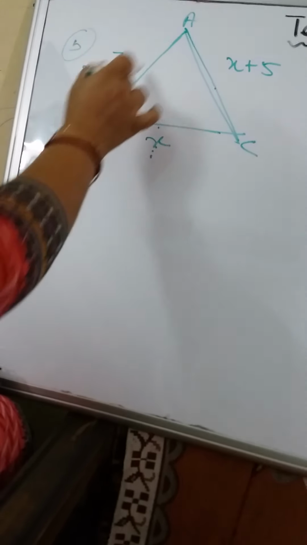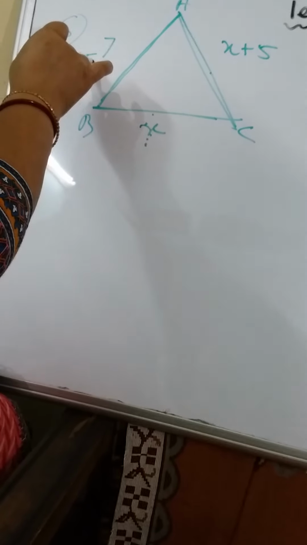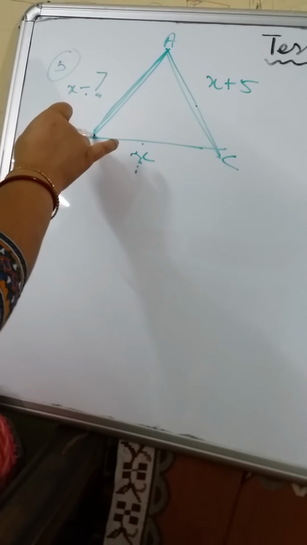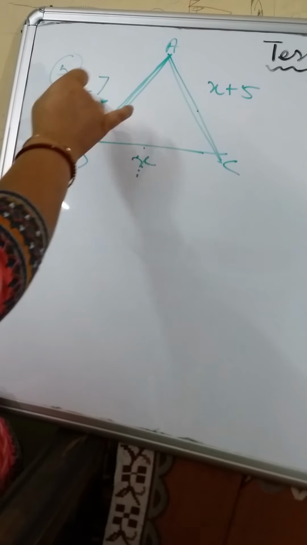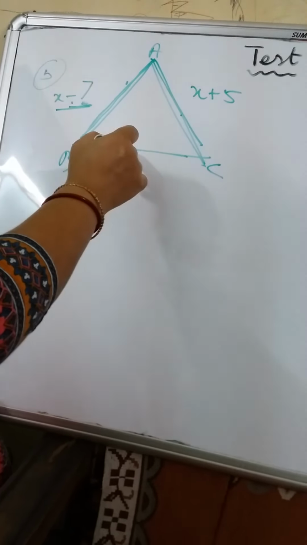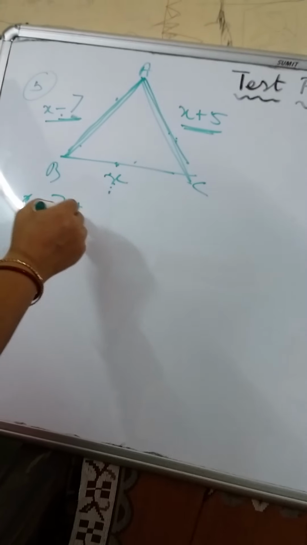Try to understand this. This is greater than this by 7, so the other will be lesser, shorter in length, by 7, so it will be x minus 7. And this one is shorter than this by 5. That means this is longer by how much? 5 centimeter.